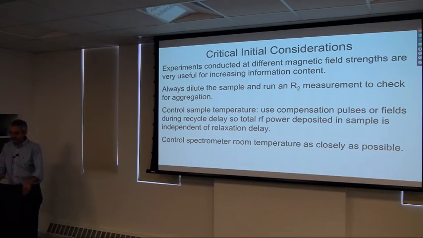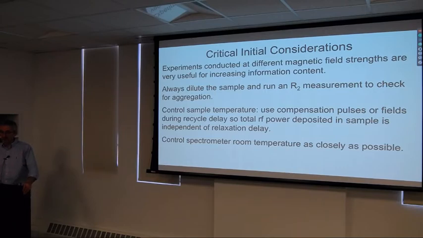And then the spectrometer room needs to have its temperature controlled. There are components of the instrument, and probably these days, most importantly, the cables that lie on the floor, have temperature coefficients. So if the room temperature changes, the RF transmission coefficients change.